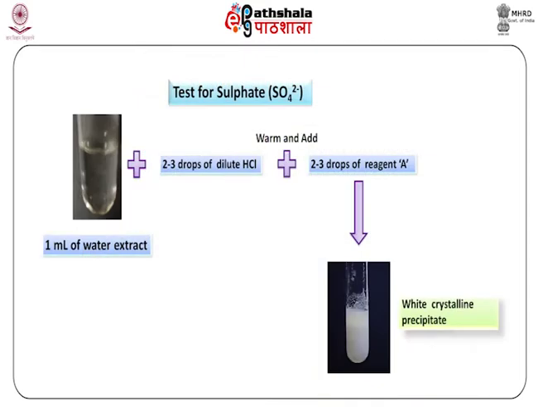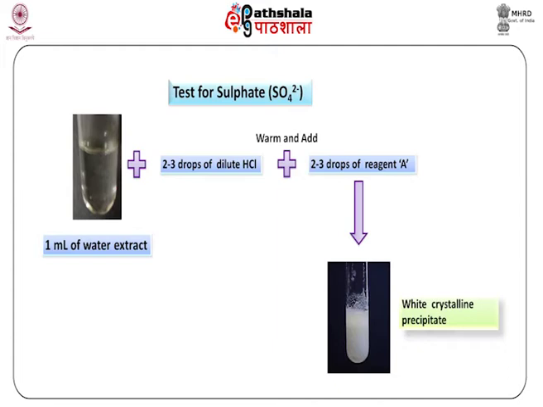The test is carried out by taking 1 ml of extract in a clean test tube and then adding 2 to 3 drops of dilute hydrochloric acid to it.